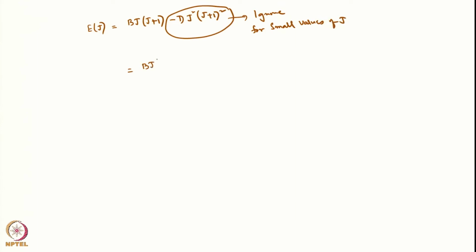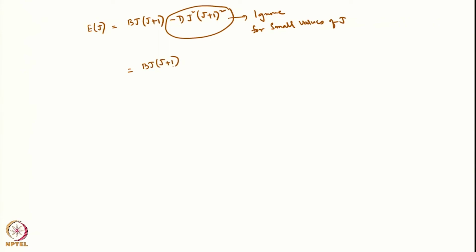And if you have the centrifugal distortion constant, that will be D J squared (J+1) squared. And of course, one can ignore this for small J's, let us not think about it. So, what you get is BJ(J+1).